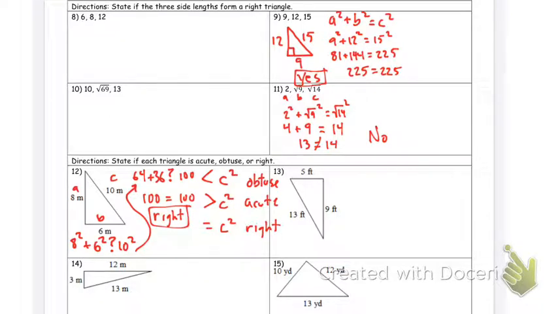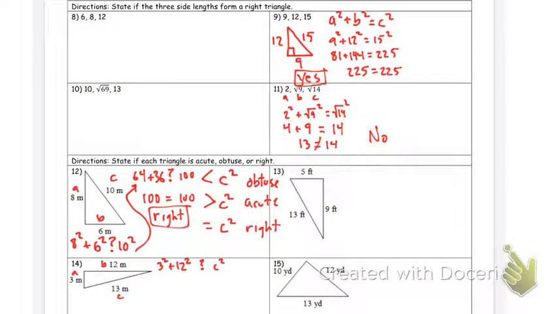Okay, let's do 14. So again, your C will be your longest side. So this will be my C. We'll call this guy my A and my B. So A squared plus B squared, and then we are checking, is it equal, bigger, or smaller than C squared?